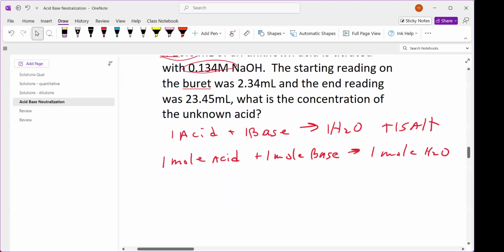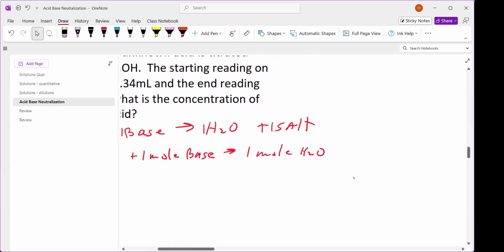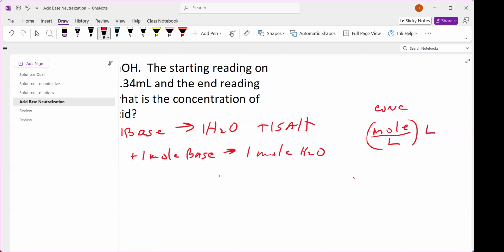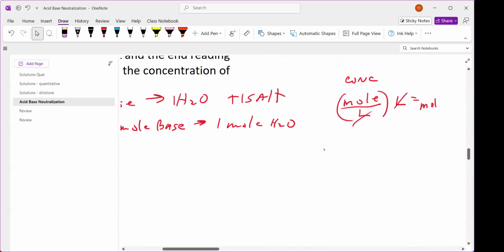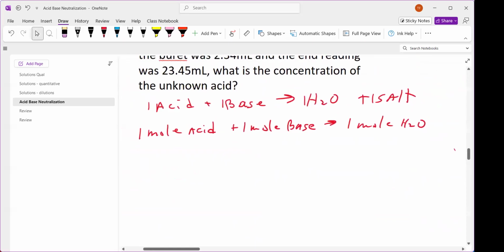Now, yesterday I mentioned a calculation on calculating the number of moles. We have concentration in moles per liter times liters equals moles. So over here, we have a mole of acid.